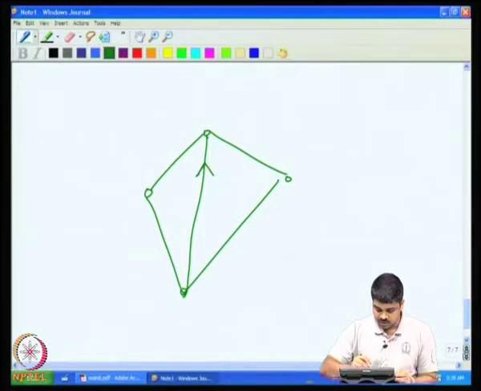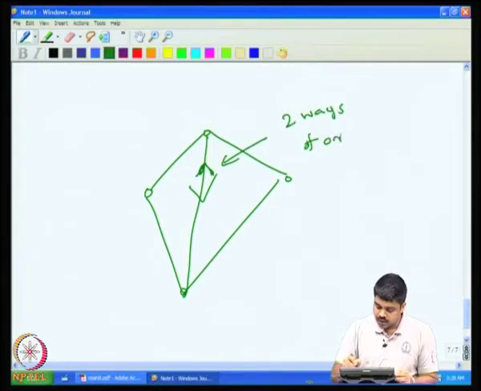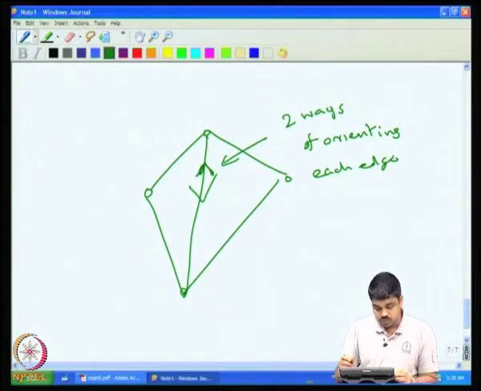This can be oriented this way or the other way. So there are two ways of orienting each edge, and 2 to the power number of edges ways of orienting it. So there are several directed graphs which can be formed from an undirected one.